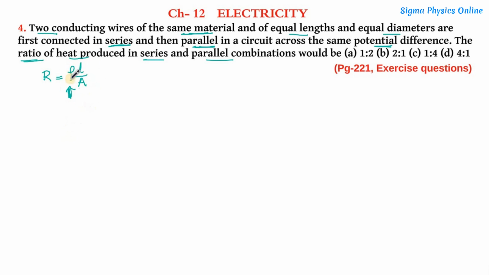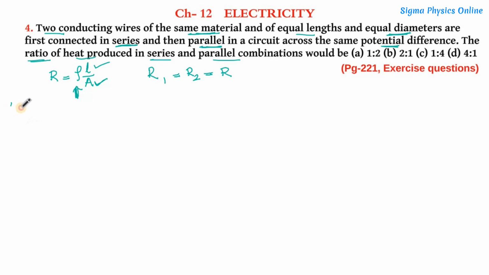Now again, for both the wires the lengths are same and also the diameters are same, which means that they have the same area of cross section. So since all the values are same for both the wires, the resistance of these two wires will be the same. That is, the resistance of the first wire will be equal to the resistance of the second wire, whose value will be R. Now first these two wires are connected in series.